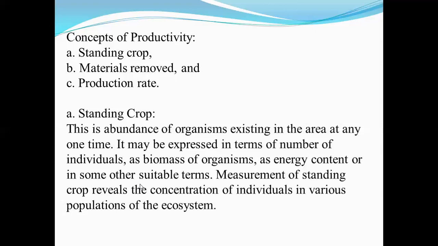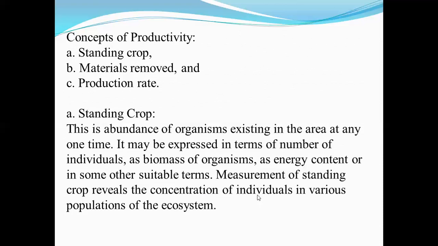It is expressed here in this case as number of individuals, that is, the number of oak trees which are present in that particular area, or also in the biomass of oak trees. Suppose there are 10 oak trees, what is the entire biomass of all these 10 oak trees? That could also be a measurement of standing crop. Or the amount of energy content it is having at any particular given time is also understood as a standing crop. Measurement of standing crop reveals the concentration of individuals in various populations of the ecosystem.